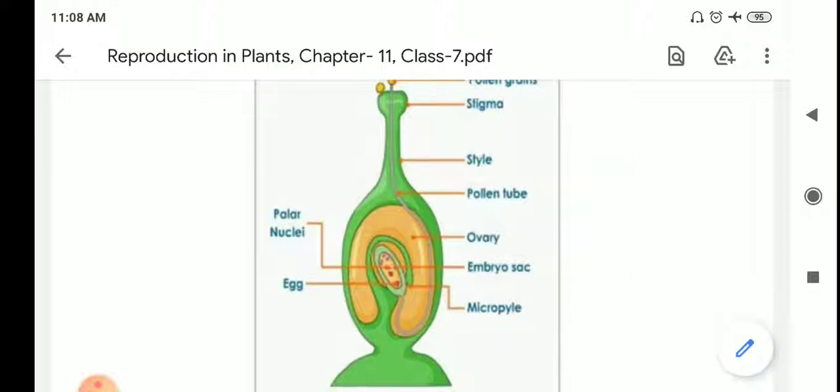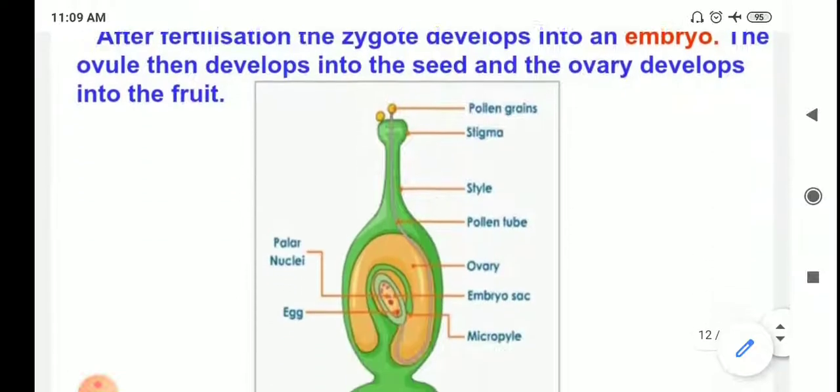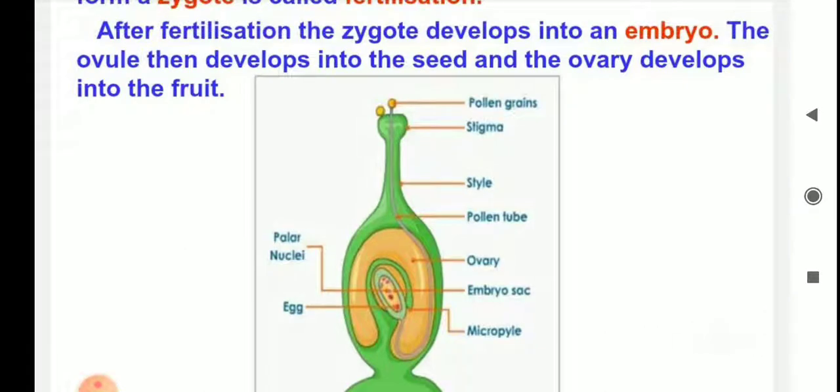This process, the fusion of male and female gametes to form a zygote, is called fertilization.